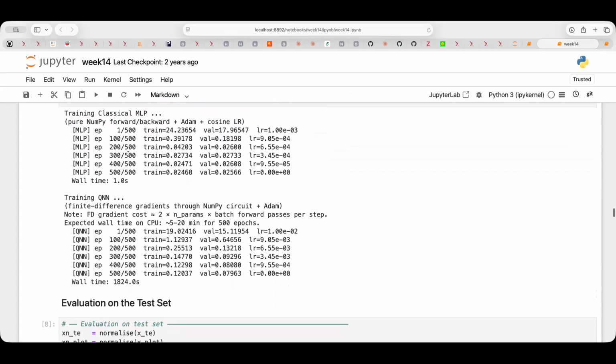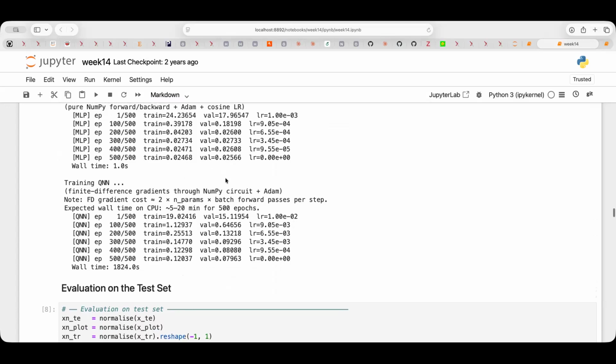You can see the results here. So I start with my NumPy feed-forward part. I use Adam. And you can see now how the mean squared error on the training data drops. It's 0.02 here. And the validation error is also more or less on the same level.